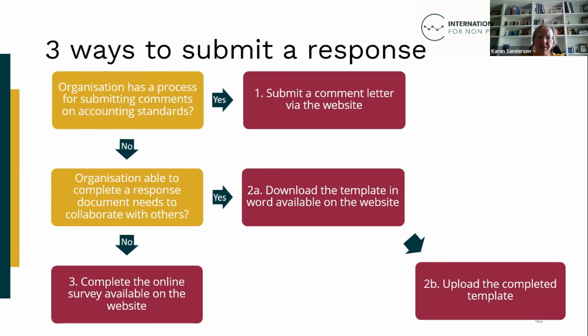It's an online survey. There's a survey for part 2 that covers all of the things in part 2, but again, you can just answer the bits that you are interested in. Once you've put in a bit of information about who you are as a respondent, you can save it and come back to it as many times as you want until you're ready to submit.